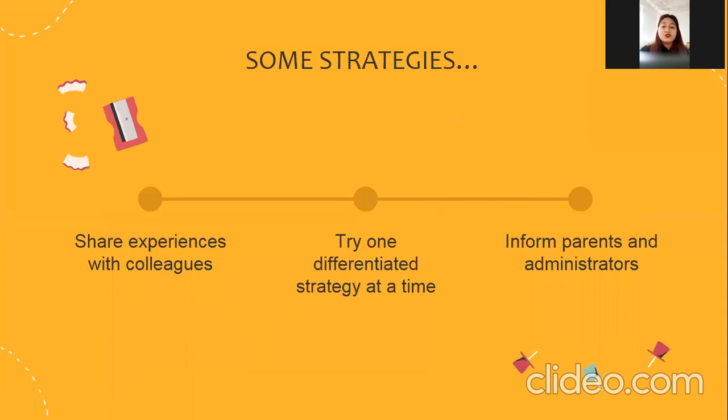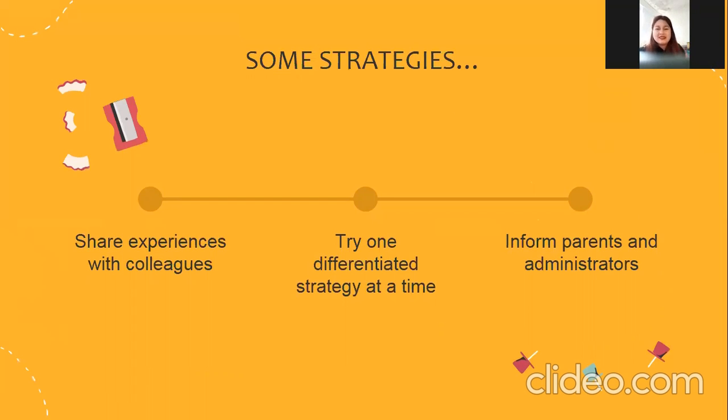Here are some strategies that can be used to start implementing differentiated instruction. First, share experiences with colleagues, creating a professional supportive community where you can solve problems as a group, construct knowledge through research, and interact with new materials. The second one, try one differentiated strategy at a time.